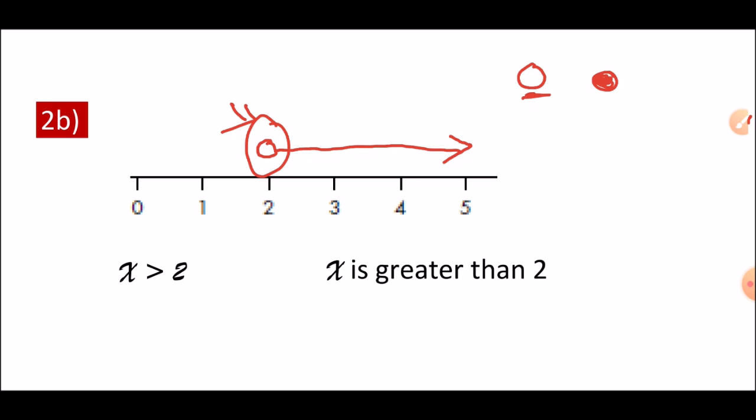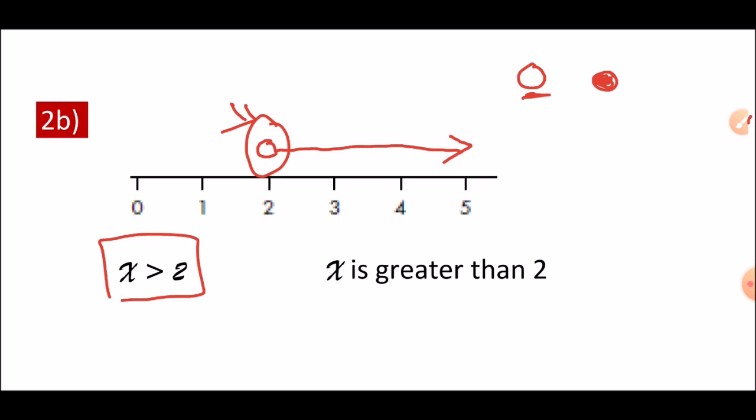That's because when we say x is greater than 2, it means x cannot be 2. It has to be a number more than 2. So the smallest number it could be, or in the question they might say, what is the smallest integer? Integer means whole number. So the smallest integer that fulfills this criteria would be the number 3.